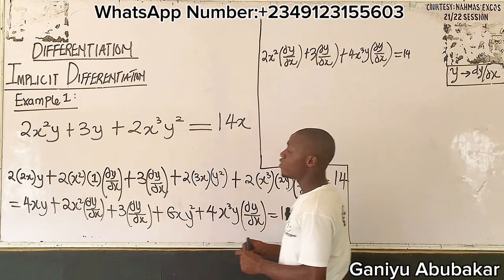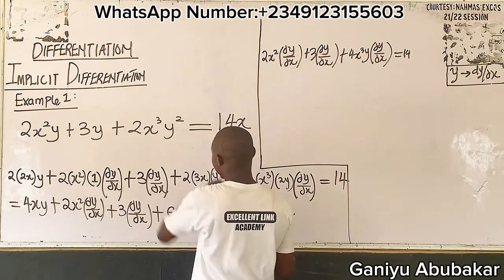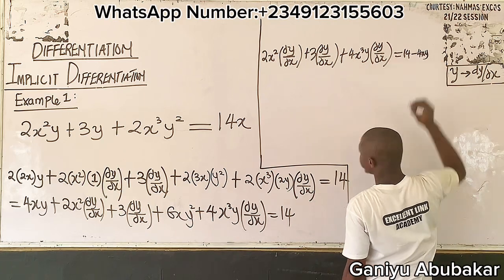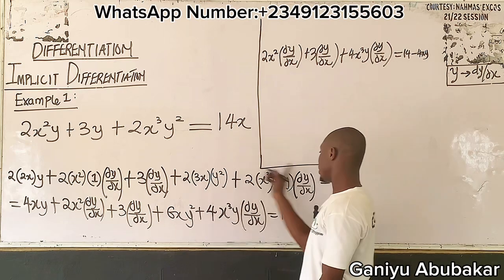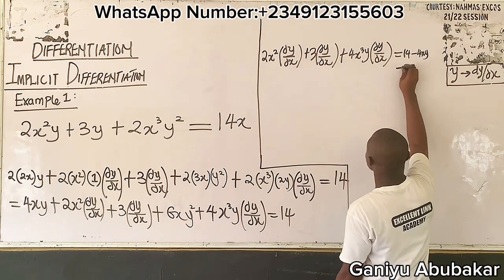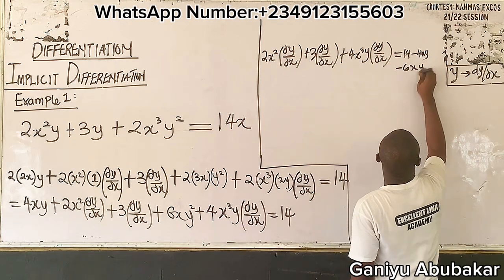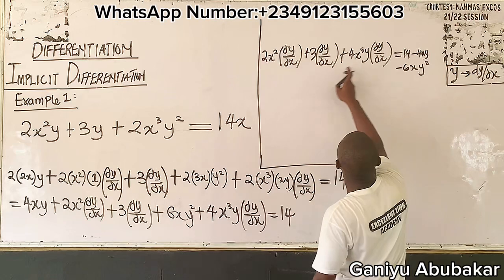Those that don't have dy over dx, take them to the other side. Take this one here, it becomes negative 4xy. So take this one too, take it here, it becomes minus 6xy squared. All right, I can see the dy over dx common here.